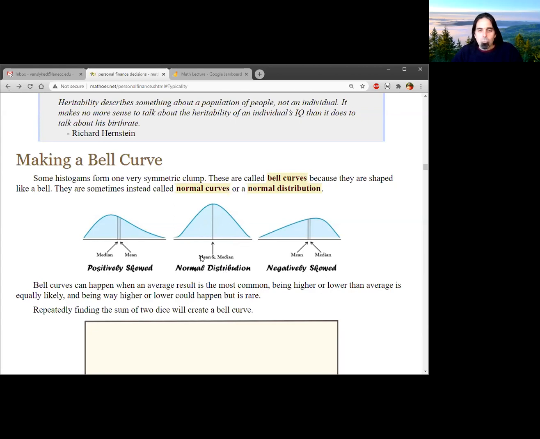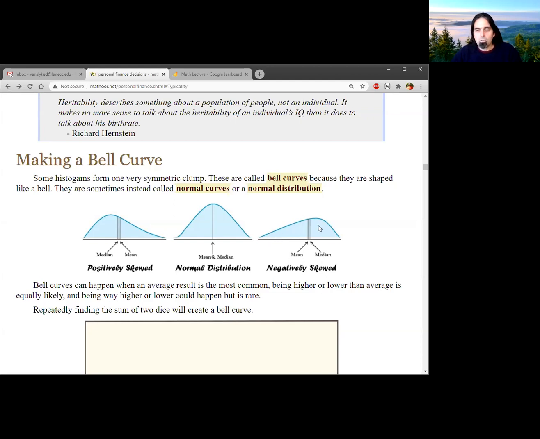Most groups of numbers won't be so incredibly symmetrical. They will be skewed. So sometimes there's an average, but most things are below the highest point. That's called negatively skewed.